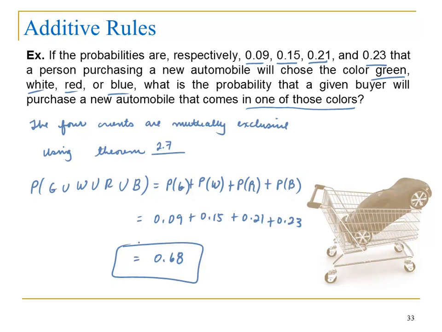Mutually exclusive, we identify that we are looking at the probability of the union of the events. The only thing that you have to do is to add those probabilities.